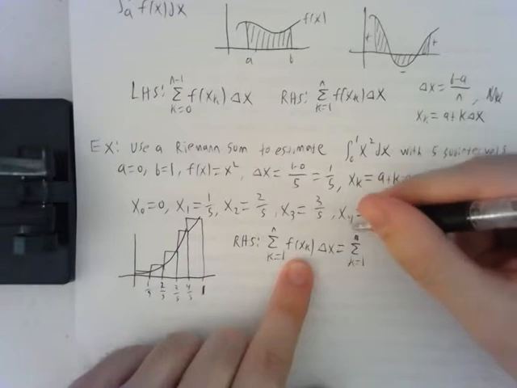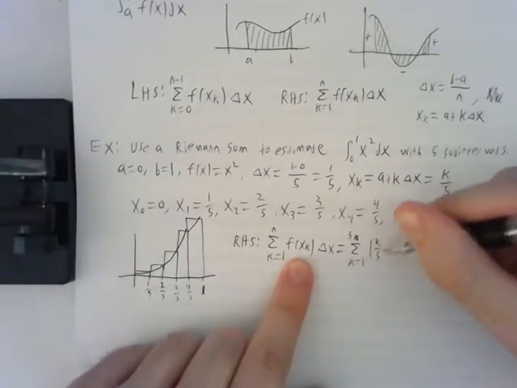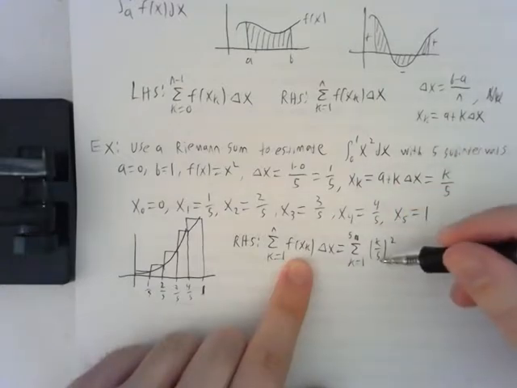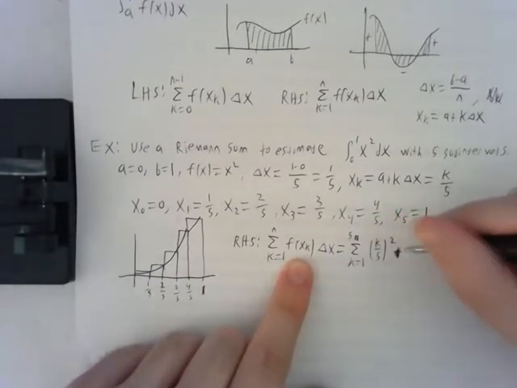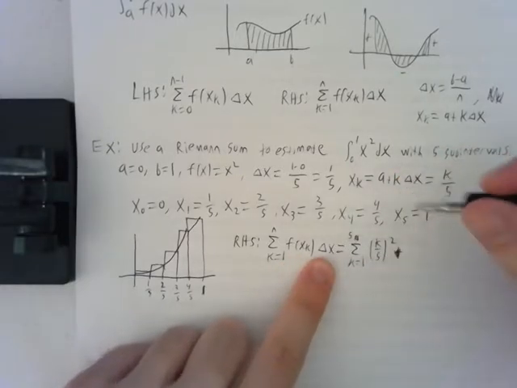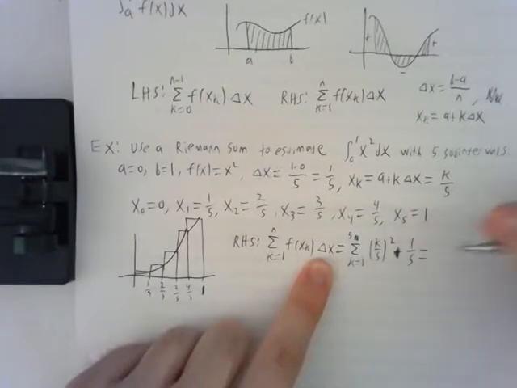We can write that n is equal to 5, and we have the sum of k over 5 squared. This is the f of xk term, times delta x. Delta x is equal to 1/5. So if we simplify this, we'll get the sum from 1 to 5, k squared divided by 125.